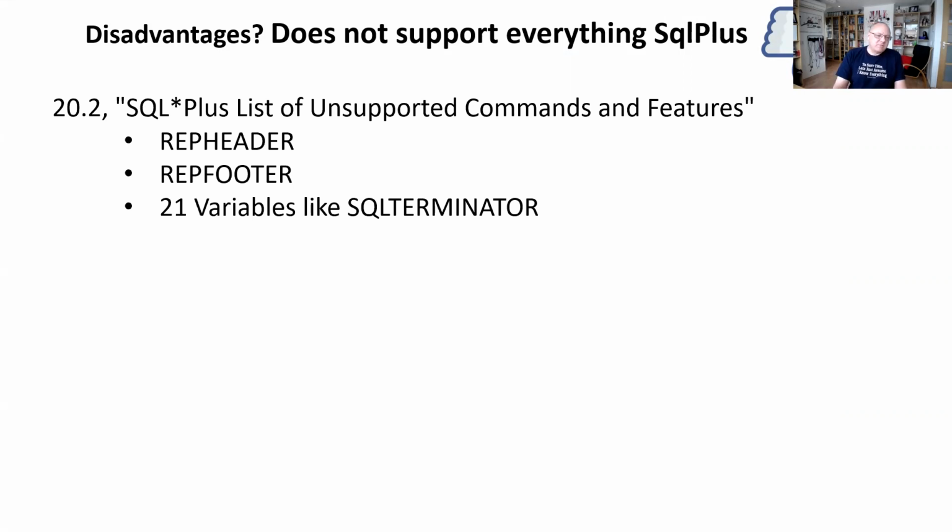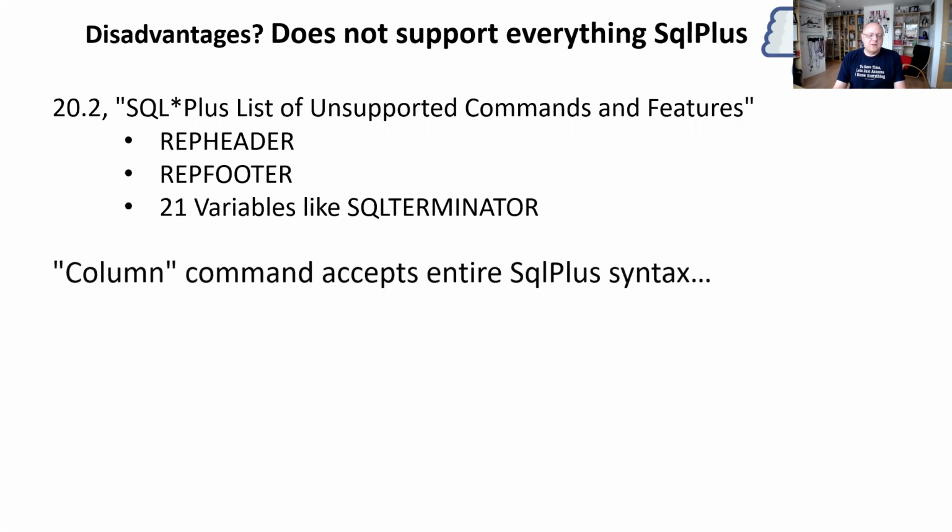So personally, I'm not bothered by this. If you have 1,000 scripts that you use every day and you make heavy use of this stuff, then yeah, this is a problem for you. But I think for most people, this will not be a problem. Apart from this list, there's also the fact that the column command does not accept the entire SQL*Plus syntax.